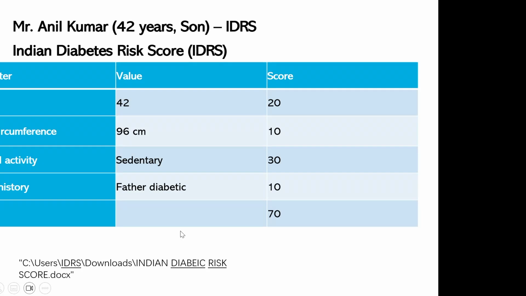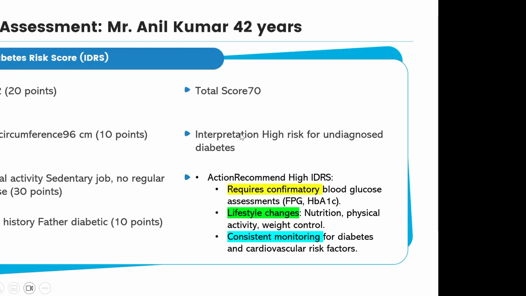Now this is a relatively higher score. High because of the family history. It has certain 4 or 5 points that need to be checked, and it requires confirmatory glucose assessments. This score of 70 requires confirmatory glucose assessment, lifestyle changes, and consistent monitoring.